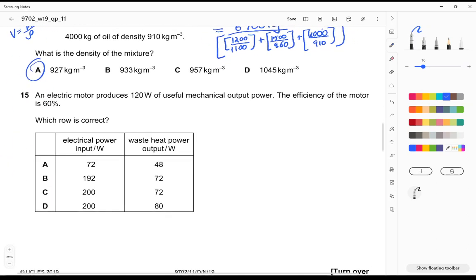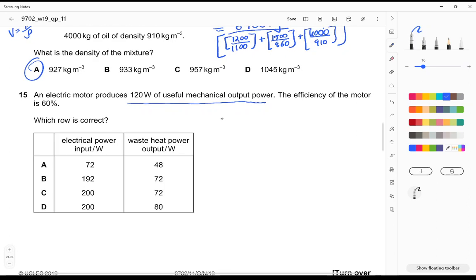An electric motor produces 120 watts of useful mechanical output power, the efficiency of the motor is 60%. Which row is correct? Okay. If 120 is the useful power output, the efficiency of the motor is 60%.